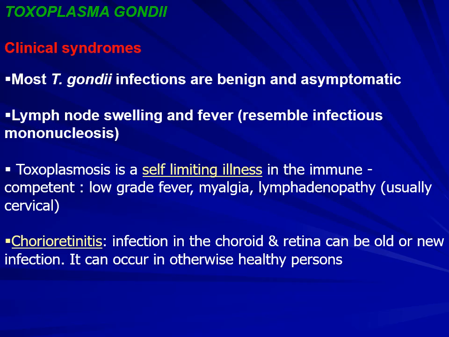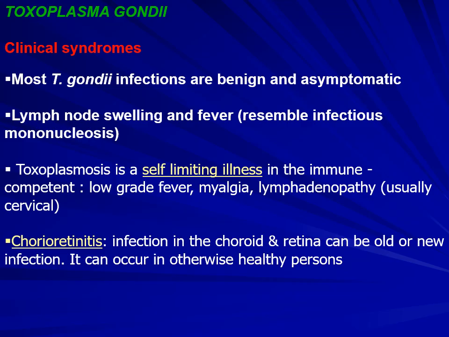Now, in addition to the neurotropism, the parasite can access and infect the retina, and this is where it will lead to chorioretinitis. And this chorioretinitis is usually seen in infants, and I will be talking about the phase of appearance of these symptoms later on.